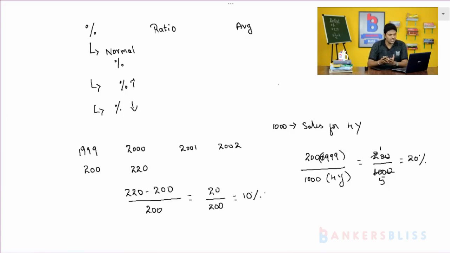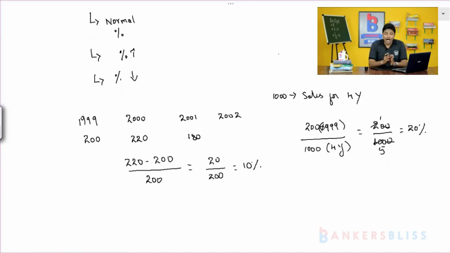Now let us see percentage decrease. Consider the 2001 data to be 180. How much has the sales decreased from 2000 to 2001? With respect to 2000 you have to calculate.